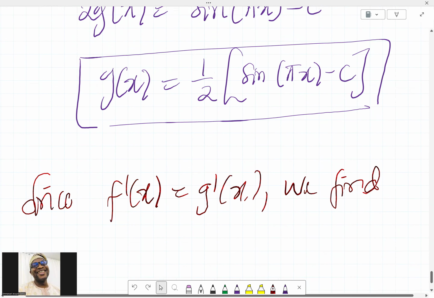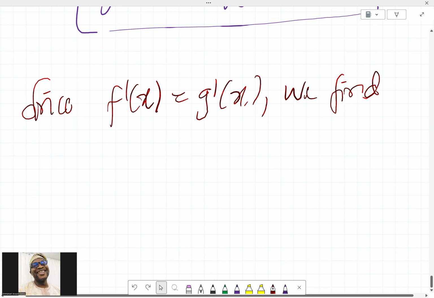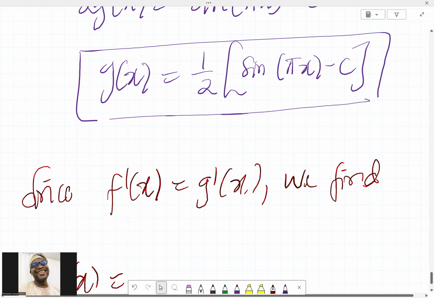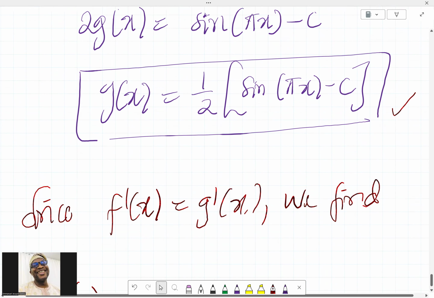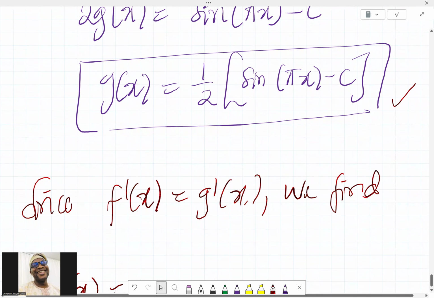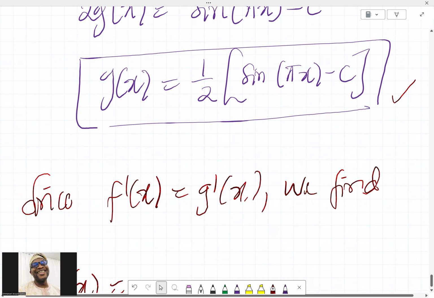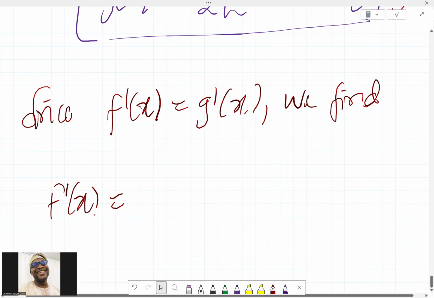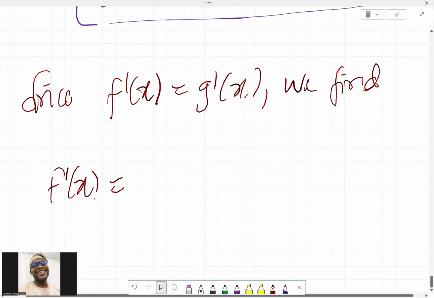So f prime of x is equal to the derivative of this. If we differentiate that with respect to x, that's sine pi x minus c plus another c.